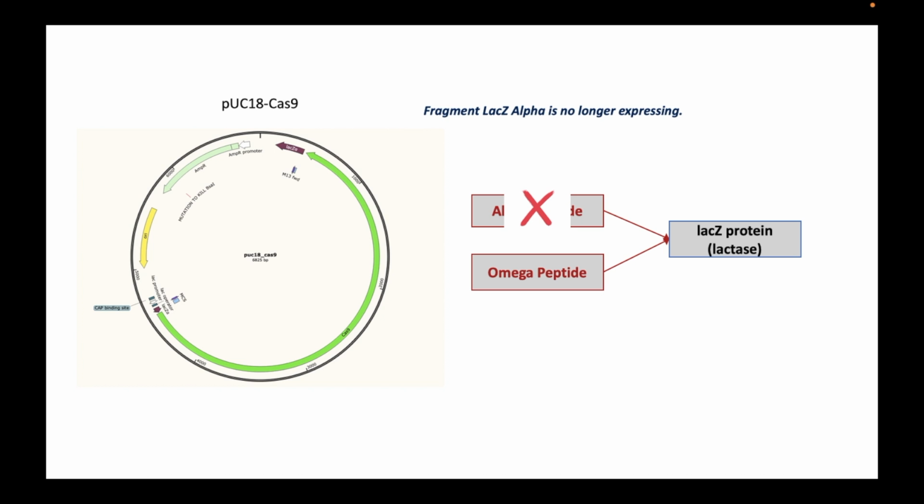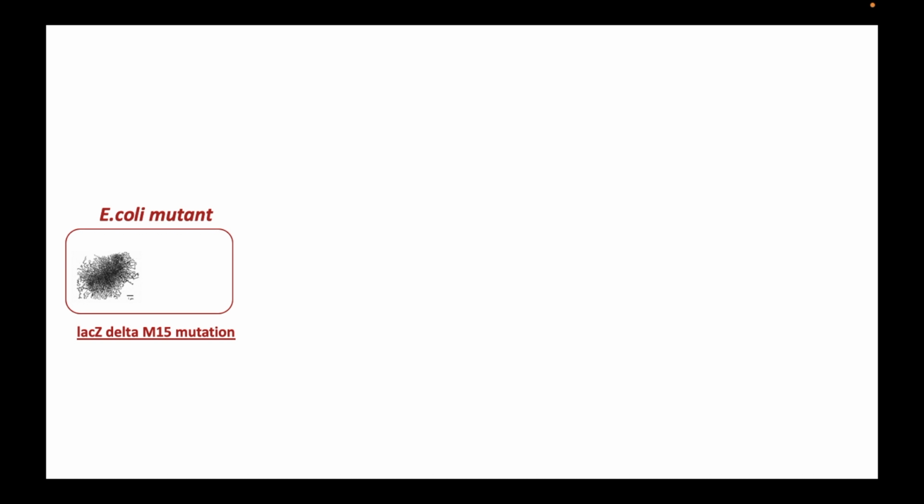But because both omega and alpha are required to generate a fully functional lactase protein, this truncated lactase will not cut either lactose nor XGAL. Cloning is never 100% efficient.